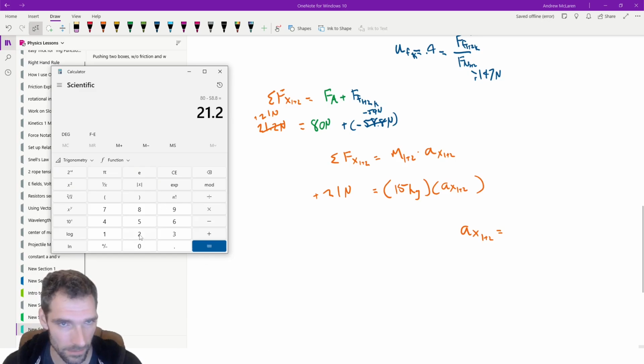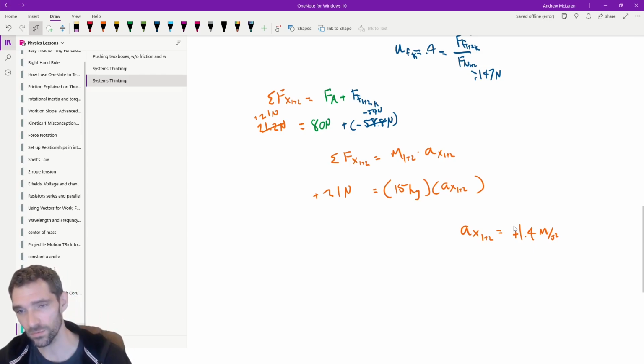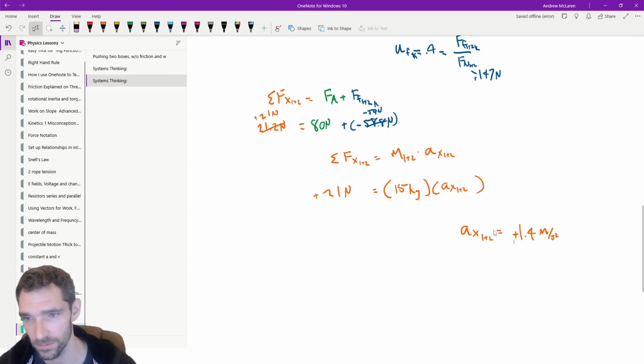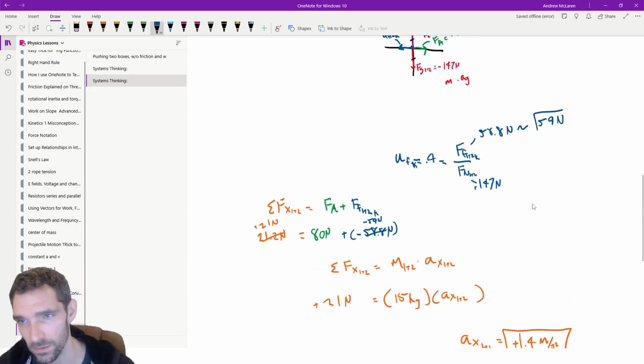If we take the 21, we divide that by 15, we're getting a value of 1.4 meters per second squared in the positive direction. So this is pretty useful. We've got our acceleration value, as well as that force of friction, which was asked for.